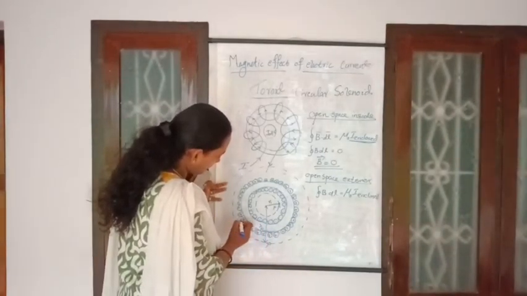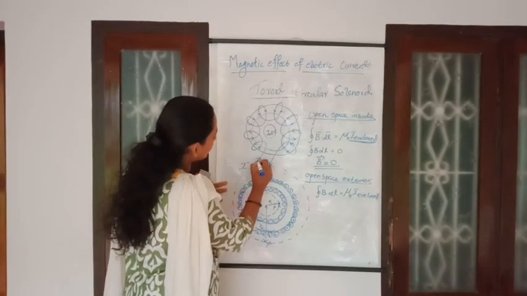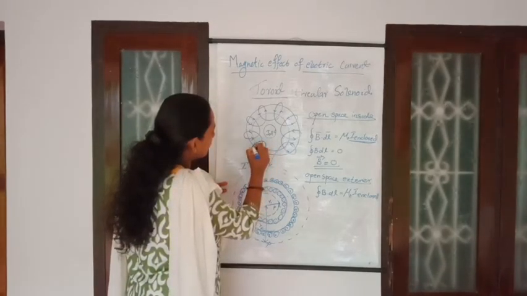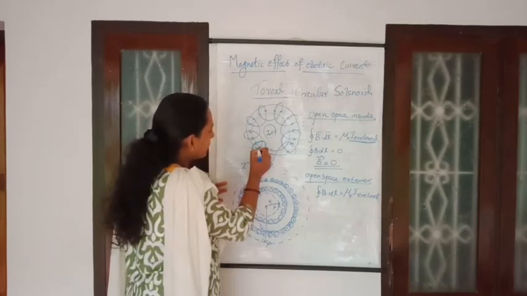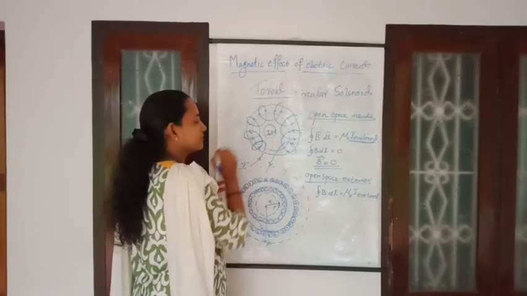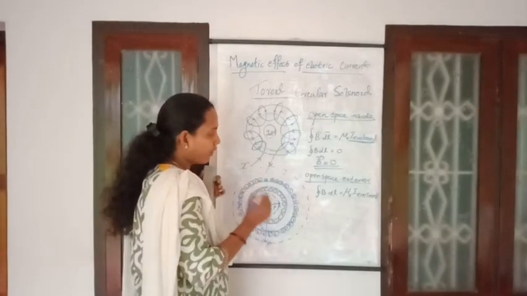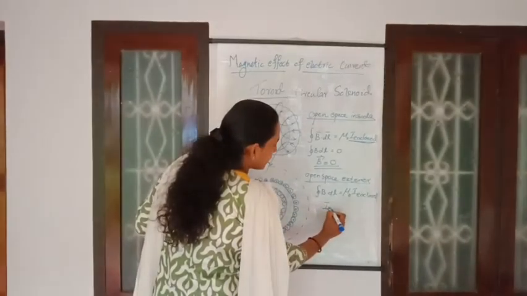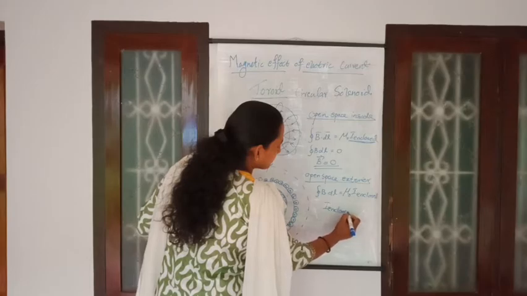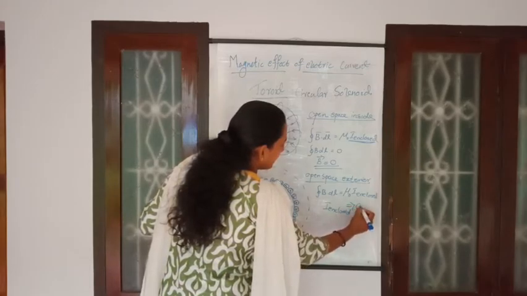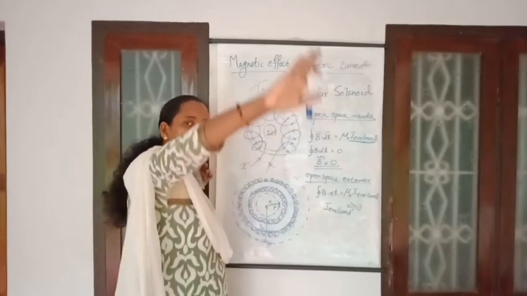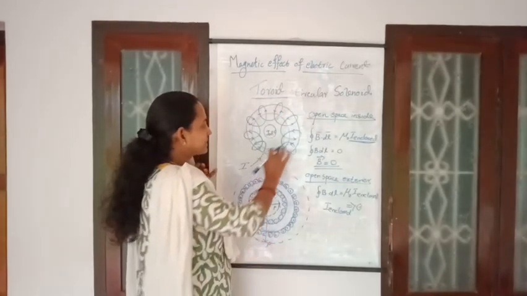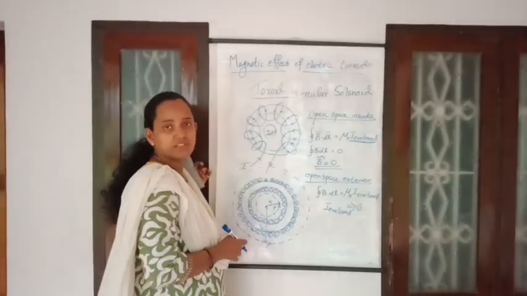Whenever you are considering this loop like this, whatever amount of current is entering the plane, the equal amount of current is leaving from that. Therefore, I enclosed is equal to 0 itself, based on the symmetry of this toroid.